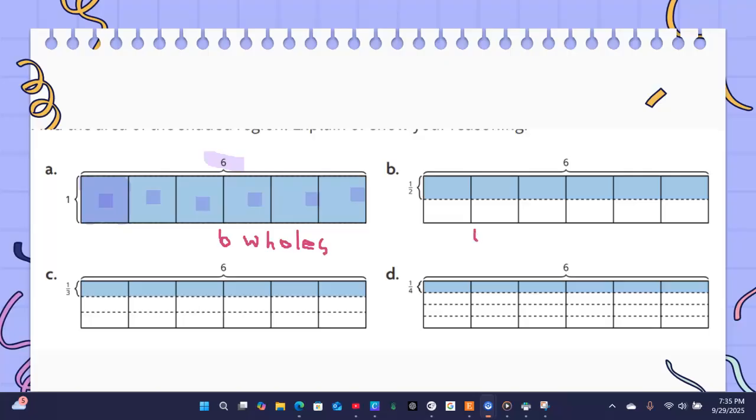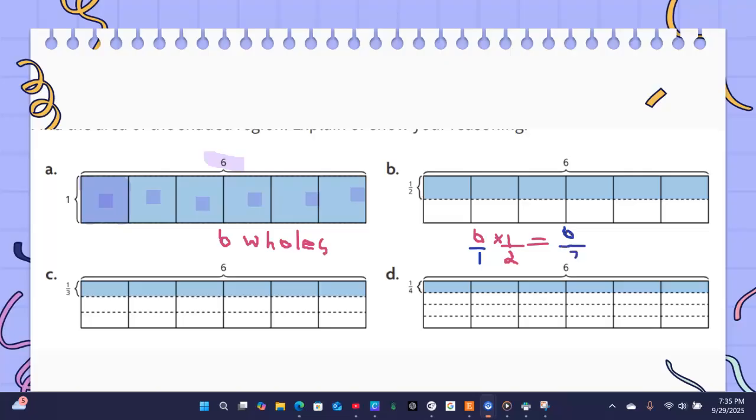If I were to write an expression for this, I could write 6 times 1/2, because I have 1/2 six times. And we know from our lesson previously that all we have to do is put a 1 underneath the 6 and multiply straight across, and our final answer would be 6/2.